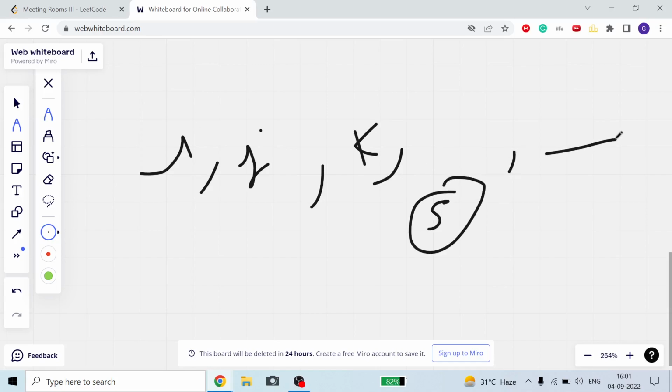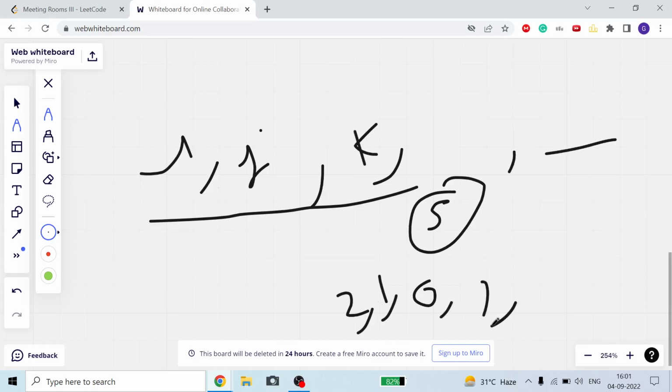Suppose the free room numbers are 1, 2, 0, 7 and 6. Then for i we will allocate 0, because i is first in the queue and has been waiting for a very long time. It doesn't matter that j and k also come in the queue. Our first priority is to give a room to meeting i, because it is waiting in the queue.